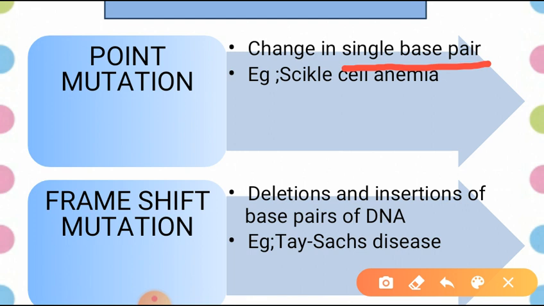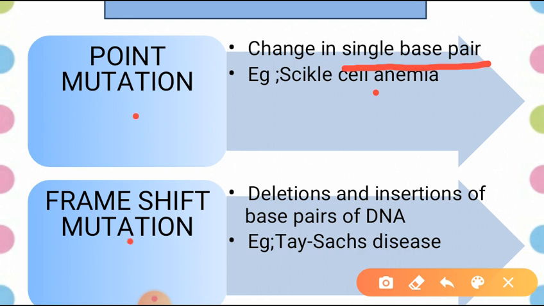That is a base pair. So, if the mutation is due to change in only one base pair, then it is called a point mutation. Example for point mutation is sickle cell anemia. About sickle cell anemia, in the later part of the lesson, you will read in detail.